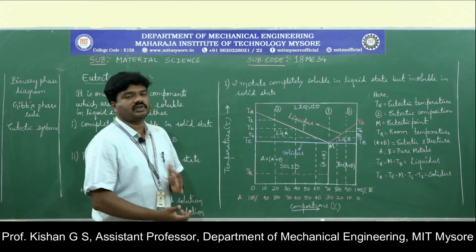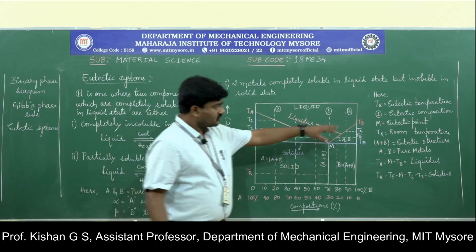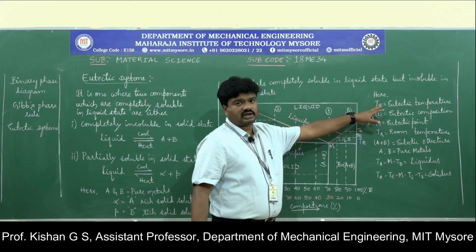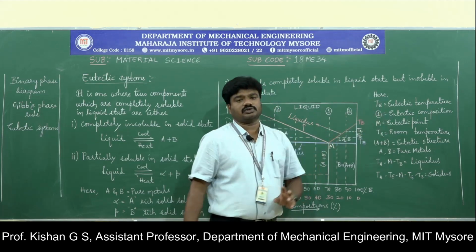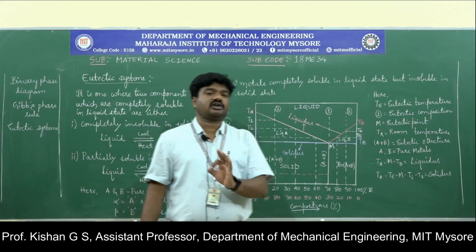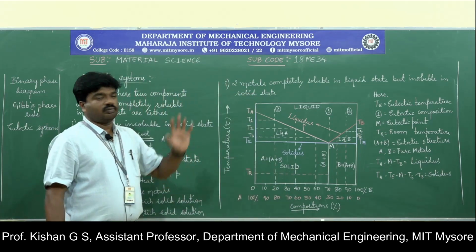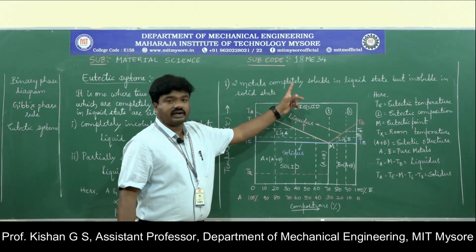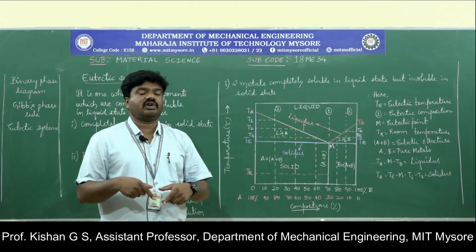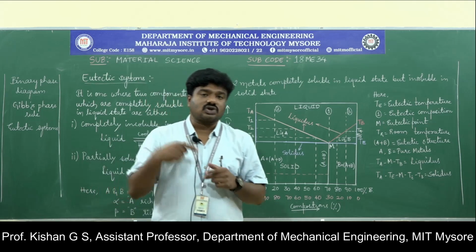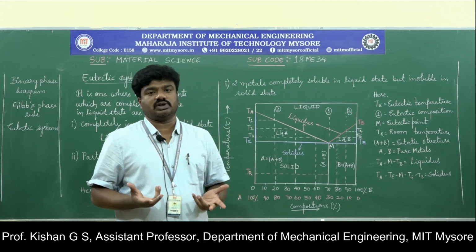Now let us take up the understanding of eutectic composition. Here TE represents eutectic temperature, whereas M represents the eutectic point. As per the definition, both the metals should be completely soluble in the liquid state, but in the solid state, when solidification is initiated, both the metals become insoluble.